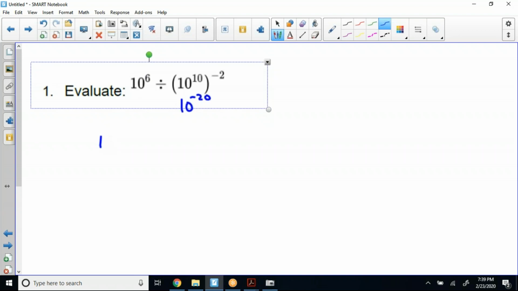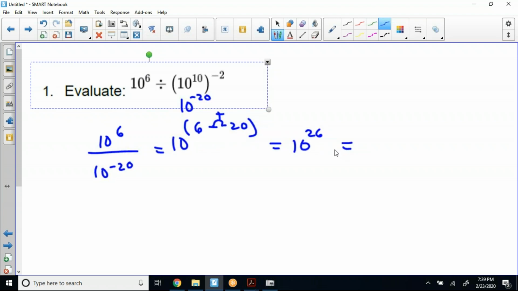So we have 10 to the 6 over 10 to the negative 20, and that would be 10 to the 6 minus 20, which, when you subtract the negative, becomes a positive. So that's 10 raised to 26.